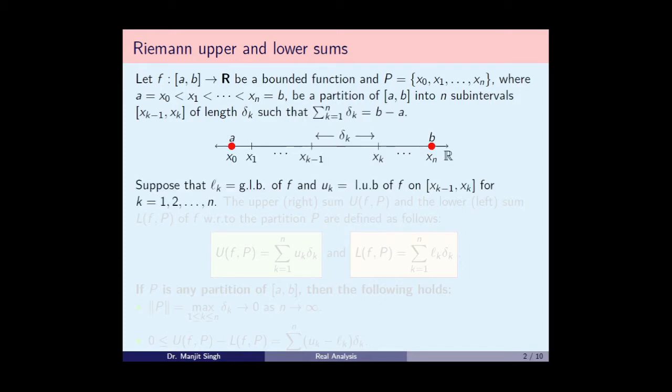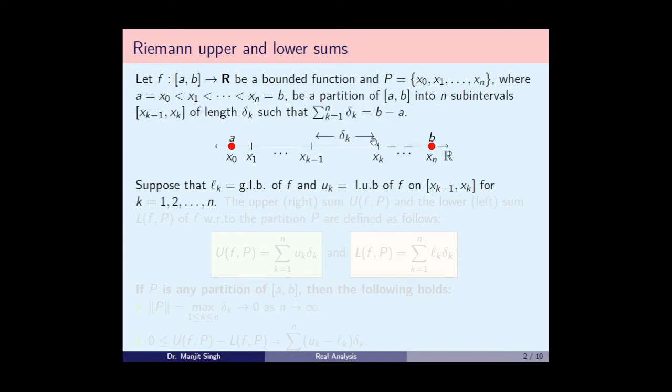We can see here the interval AB on the real line can be divided into non-overlapping subintervals, and the points of these subintervals can be taken in a set, and this set is said to be a partition.